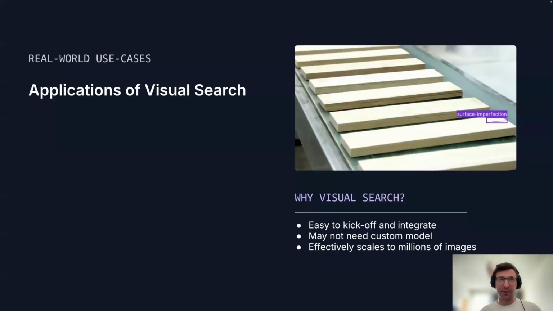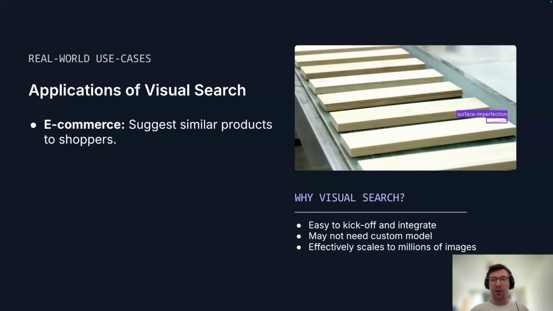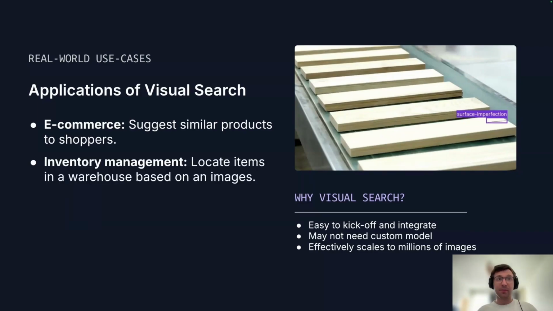This is really nice, but let's see what visual search can be used for when it comes to practical applications. It turns out that if you are running an e-commerce, you may easily build a system to suggest similar products for your customers, based purely on the visual appearance of the products that people were looking for. If you have a warehouse, you may build an inventory management system to locate items based on what kind of products people are looking for.